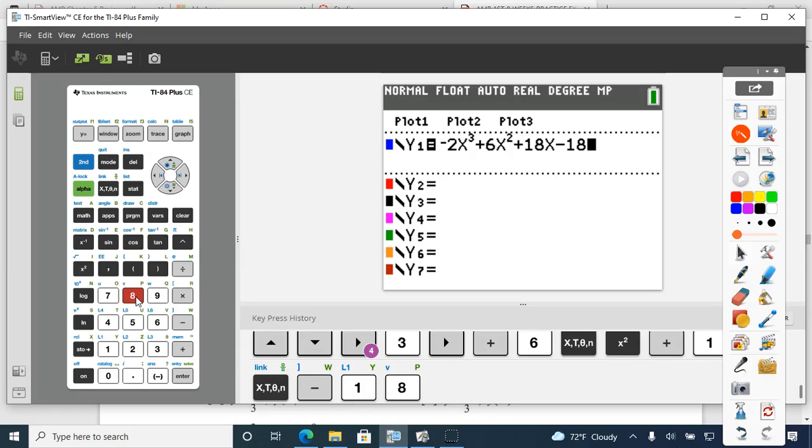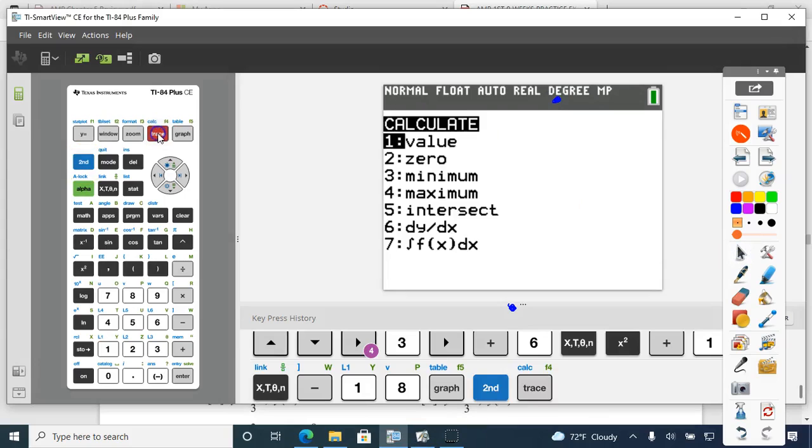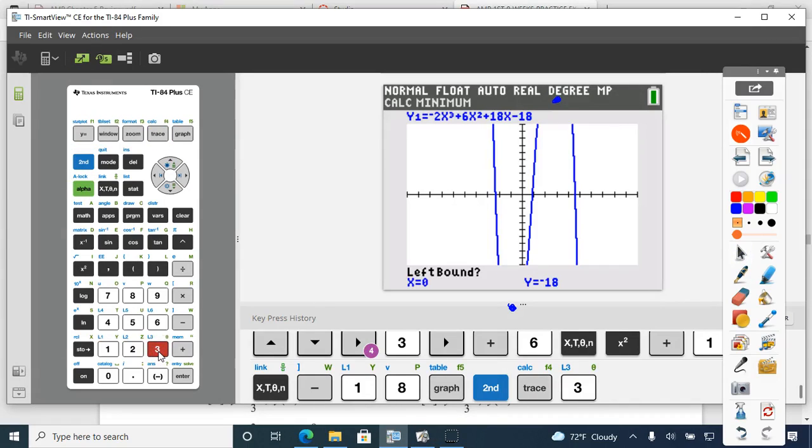So, you're going to hit graph. I know my minimum is somewhere down here, and I know my maximum is somewhere up here. So, I'm going to hit second trace and go to minimum first because it was the first one over here on the left.